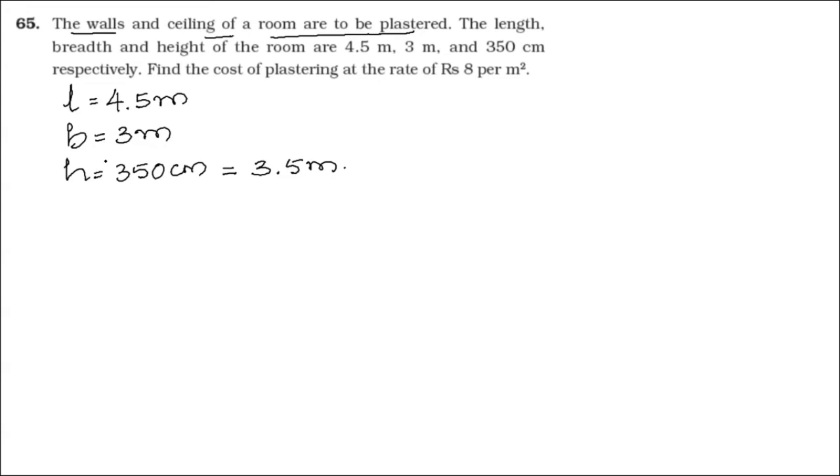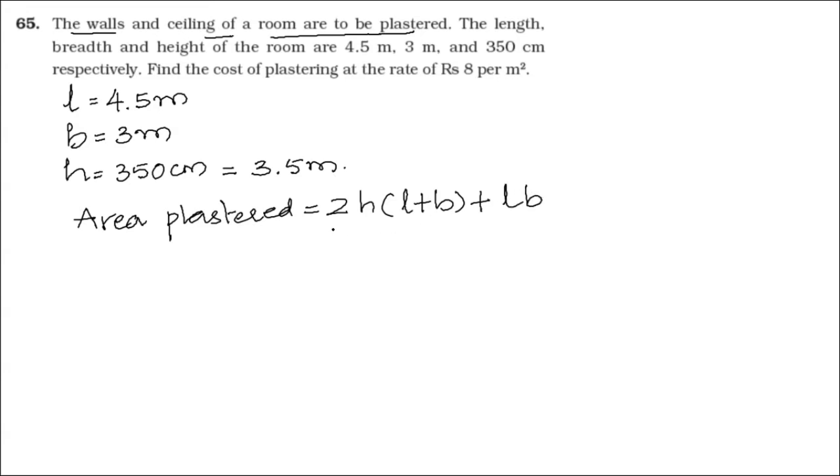So we have to leave one and consider the rest. So the area plastered will be equal to 2h times (L plus B) plus LB. This is the lateral surface area. This is the ceiling.